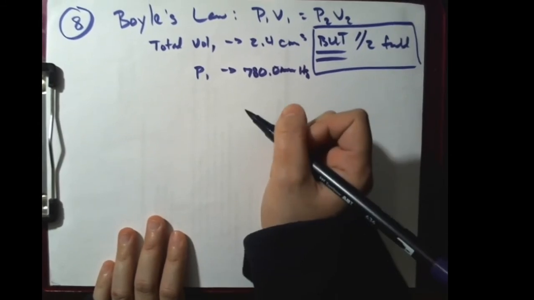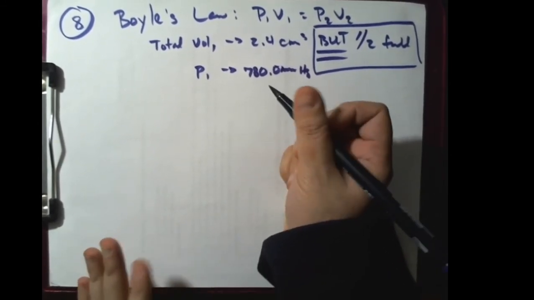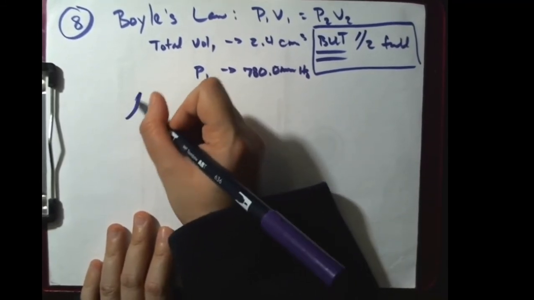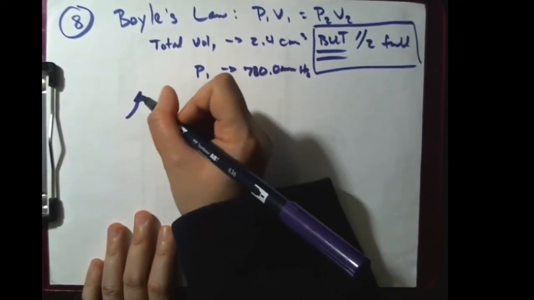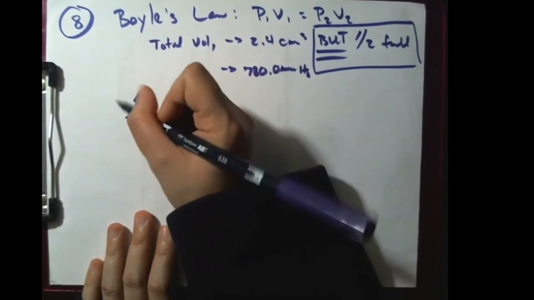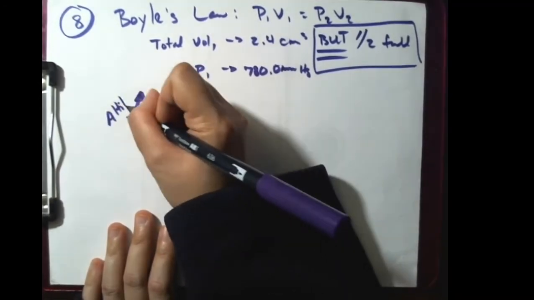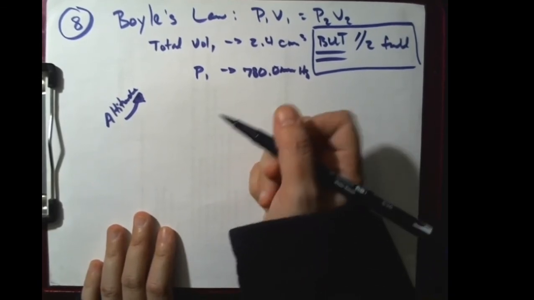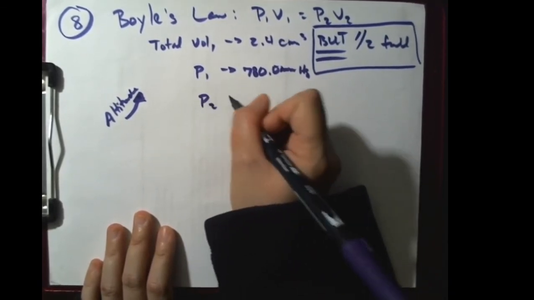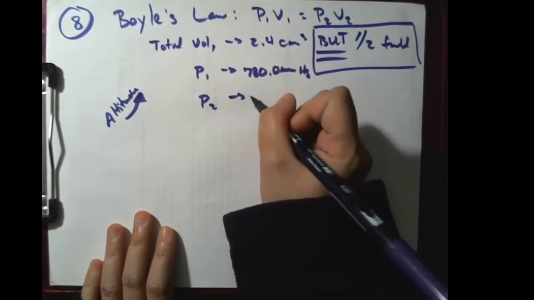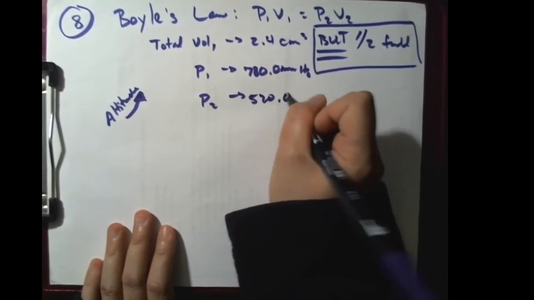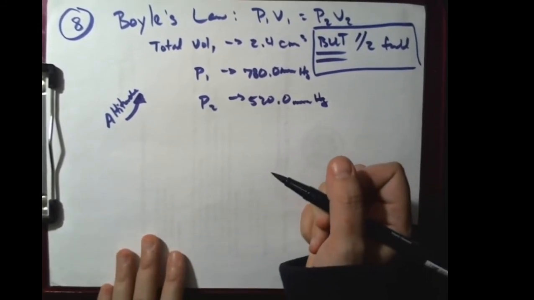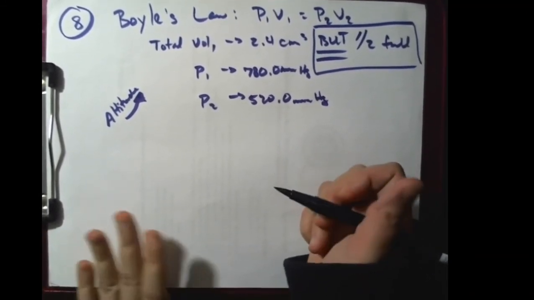Now, it is put in a pilot's pocket who flies to an altitude, and it's going up. So the altitude is going up here. This is with a pilot. Where the pressure, so our final pressure, is 520 millimeters of mercury. And it says how much ink leaks out of the pen.